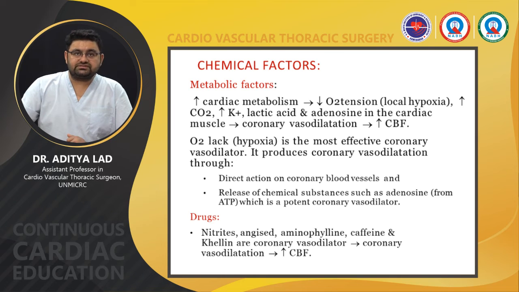Now, lack of oxygen, that is hypoxia, is the most effective coronary vasodilator. It produces coronary vasodilatation through direct action on coronary blood vessels and release of chemical substances such as adenosine from ATP, which is a potent coronary vasodilator.